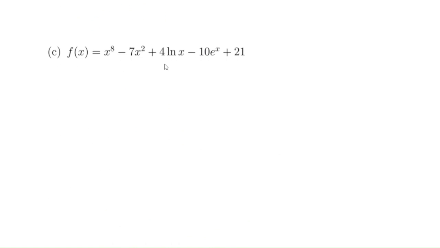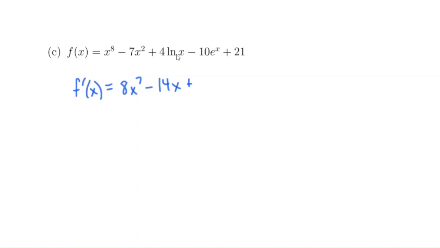Okay, well, let's look at the next one. This one is not a polynomial because we have this ln of x and e to the x, but it starts off looking like a polynomial. So how do we take the derivative? Well, f prime of x is 8x to the 7th power minus 14x. Now, what about for 4 times ln of x?